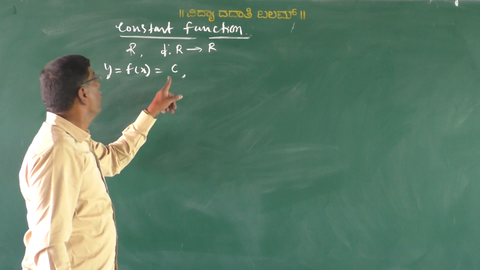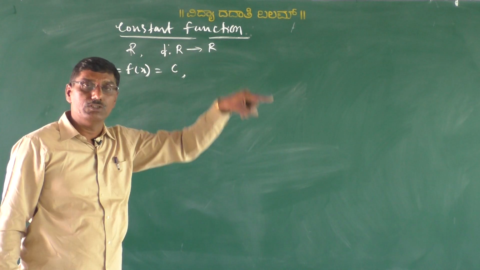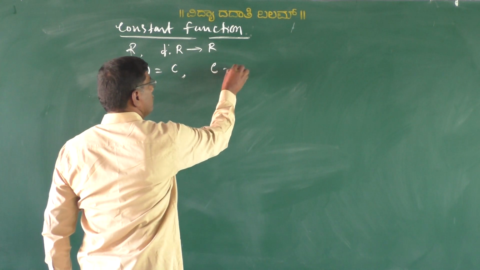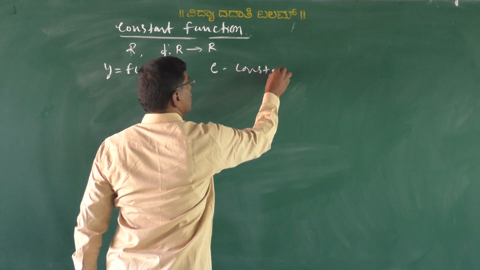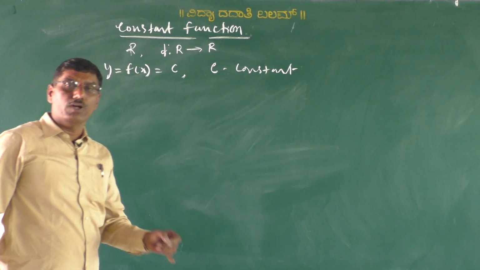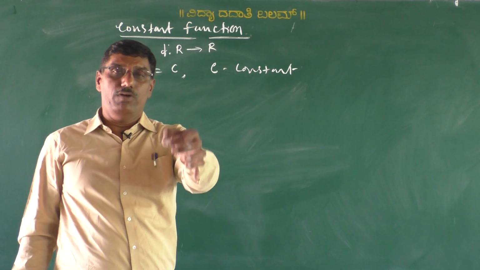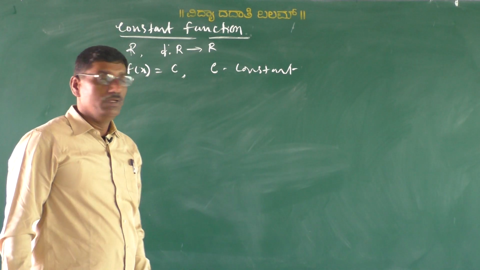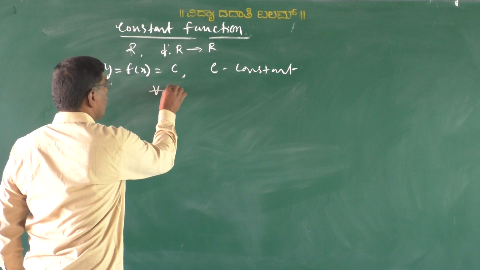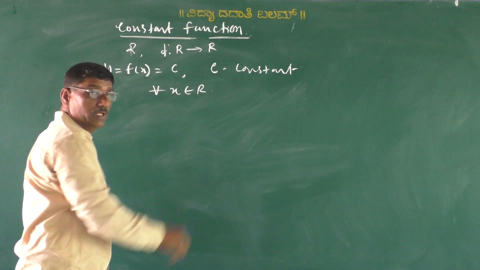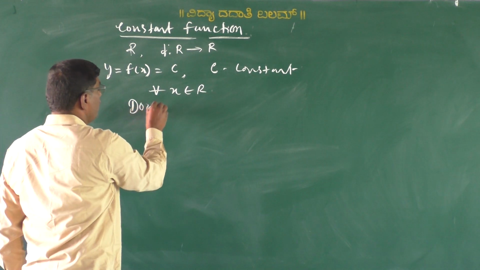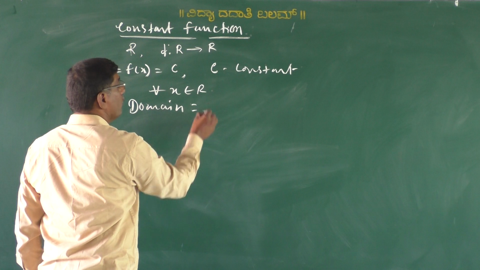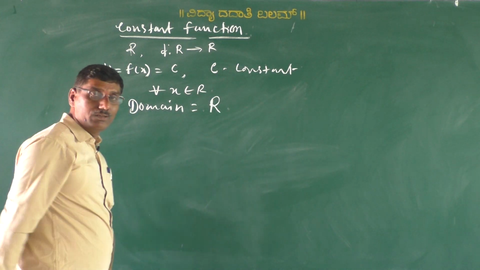Such a function we call a constant function, where c is a constant, for all x belonging to R. Therefore, the domain of a constant function is the set of all reals.